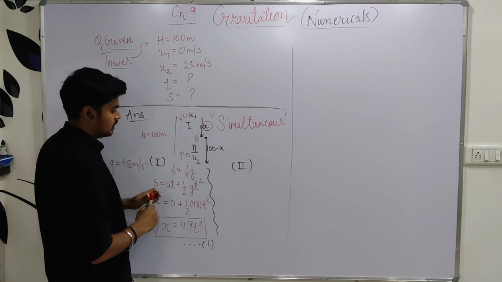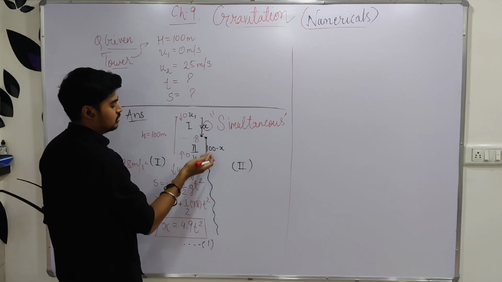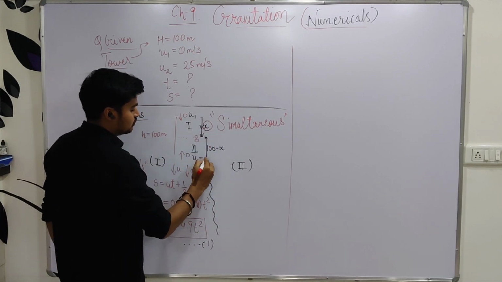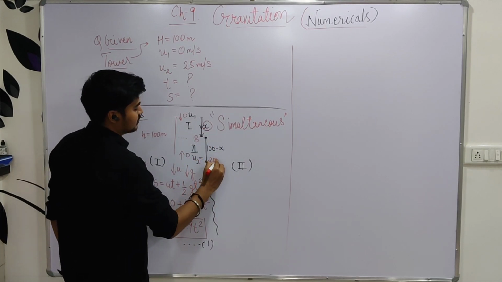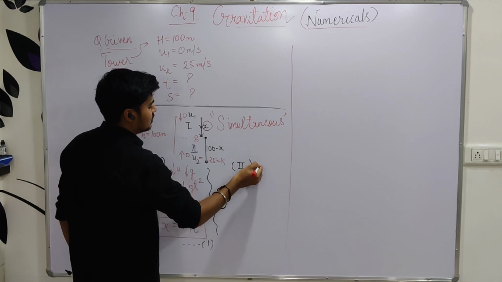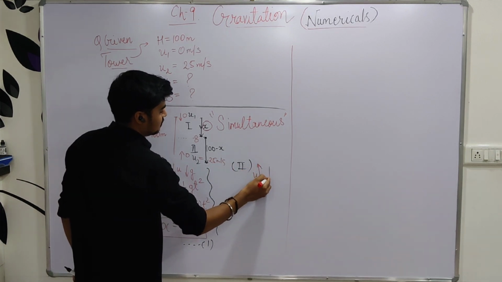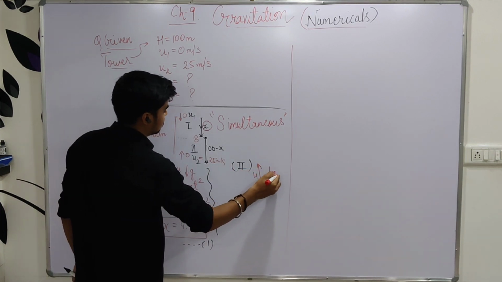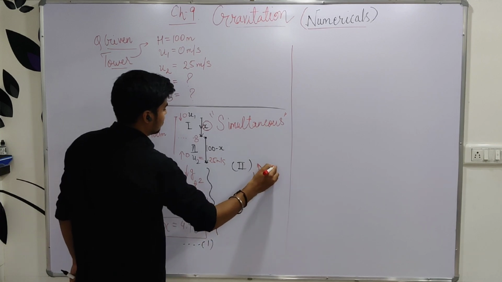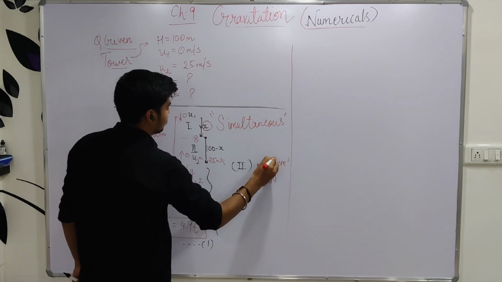Don't worry. In the second case, where the object is moving upward with some velocity u2, which is 25 meter per second. So the velocity is in direction vertically upward and the gravitational acceleration vertically downward, so we will take gravitational acceleration negative.